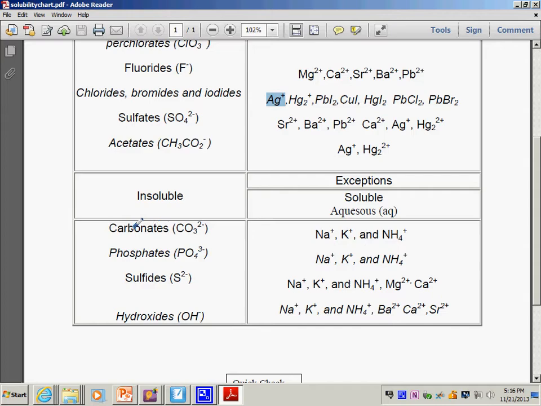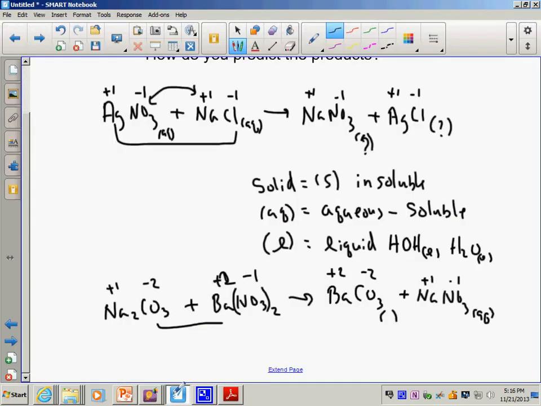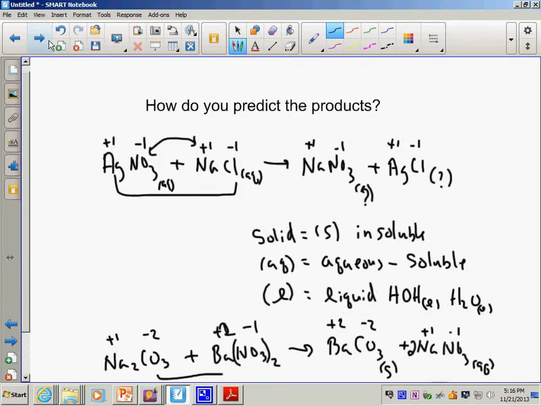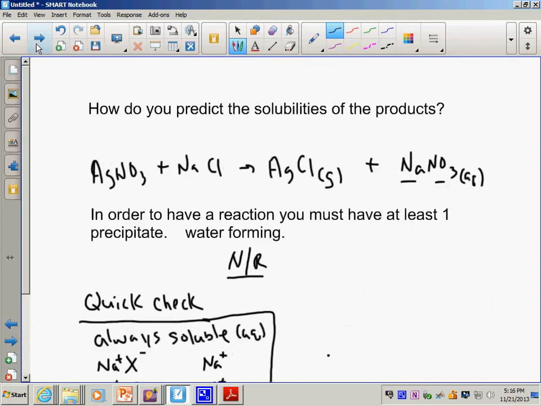In fact, they're only soluble if it has a sodium, potassium, or ammonium hook to it. So this one will not be soluble, it'll be insoluble. I'll therefore put an S right here and balance it, and I'll be done. And this one, 2 nitrates, I put a 2 here, 2 sodiums, and I have 2 sodiums. That one's now balanced. All right, so let's go on to our last slide.